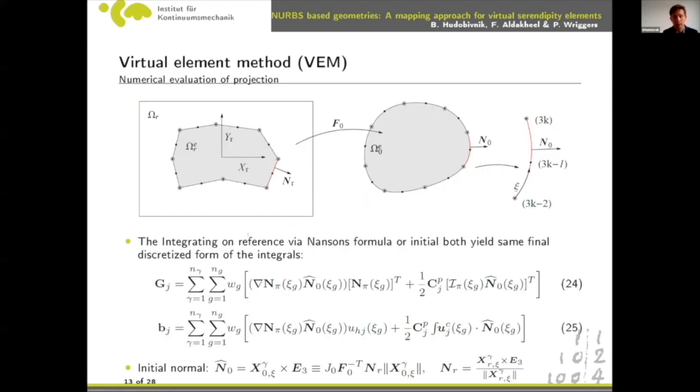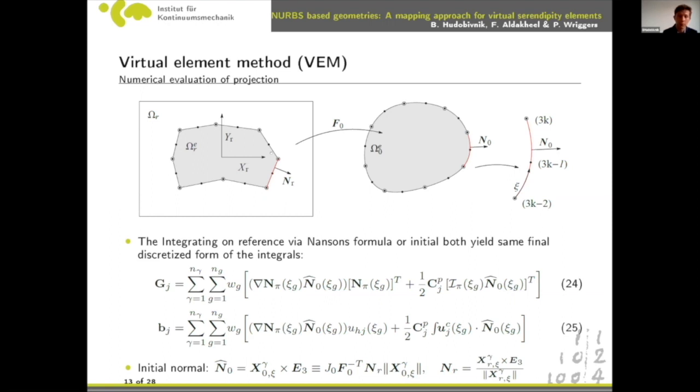Now our task is, as I said, we will have to integrate on the reference configuration. So we define the matrices G and B in the reference configuration. But for this, we can use the Nanson formula, or we can express the normal, which is given here, on the curved geometry. The normal N0 can then be expressed as a function of the reference coordinates. That is one option.